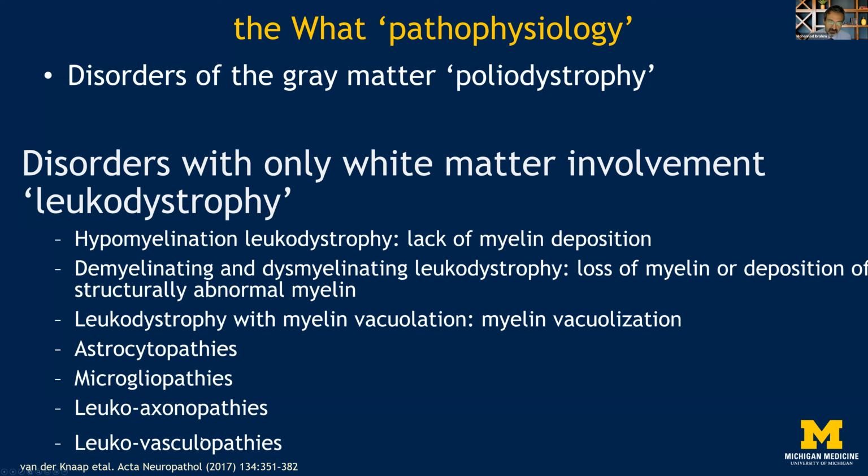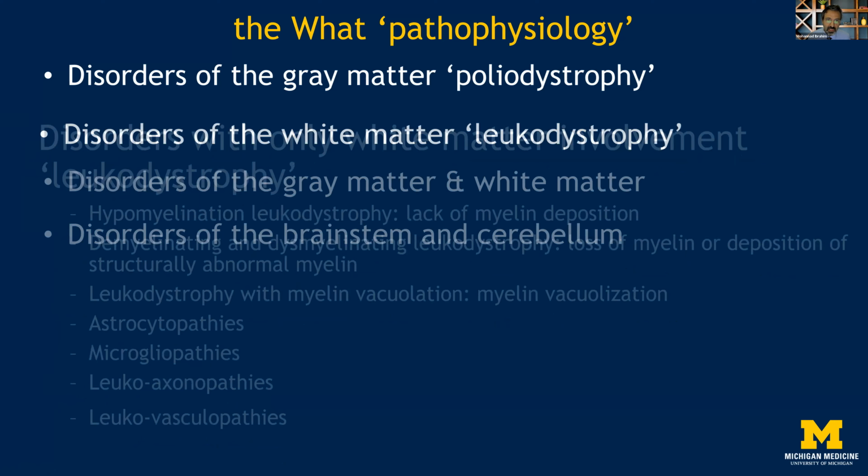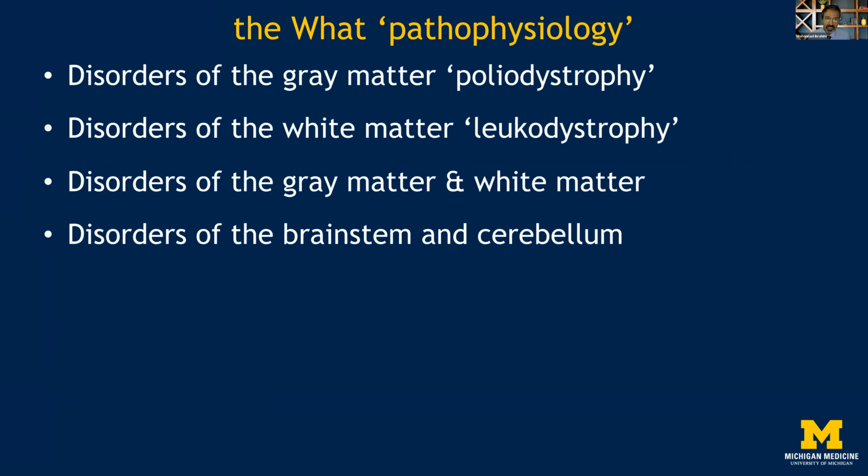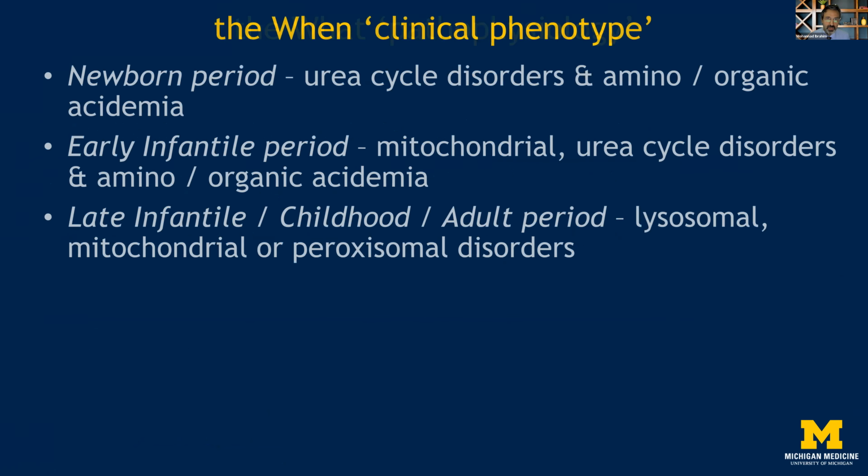And finally, it can affect the vasculature, resulting in what is known as leukovasculopathy. And finally, you can have disorders that affect both the gray matter and the white matter, or disorders that predominantly involve the brainstem and the cerebellum, sometimes with or without involvement of the spinal cord.